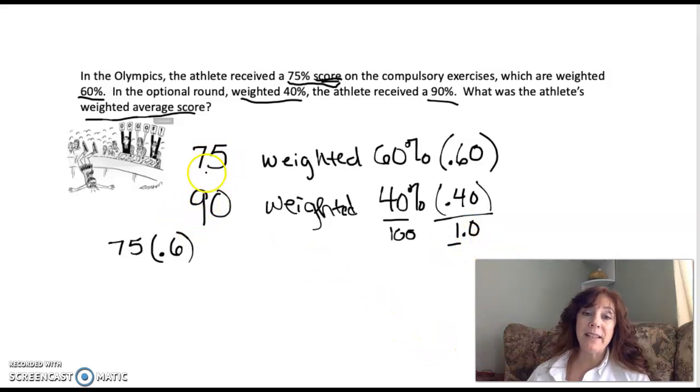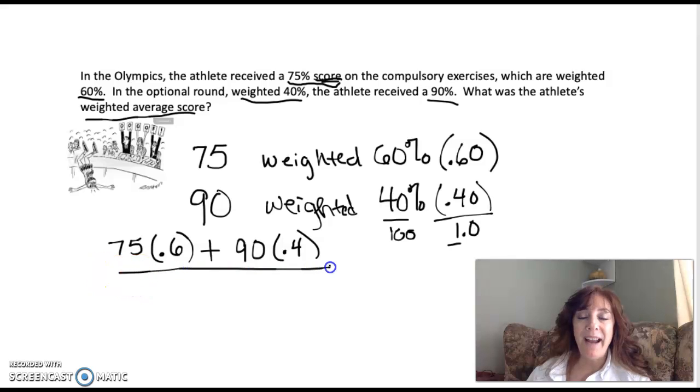So we count our 75 and add that to the 90, but we multiply them times their weight. That's how many times they're counted. And then we divide it by the total number of scores counted. That would be this number 1.